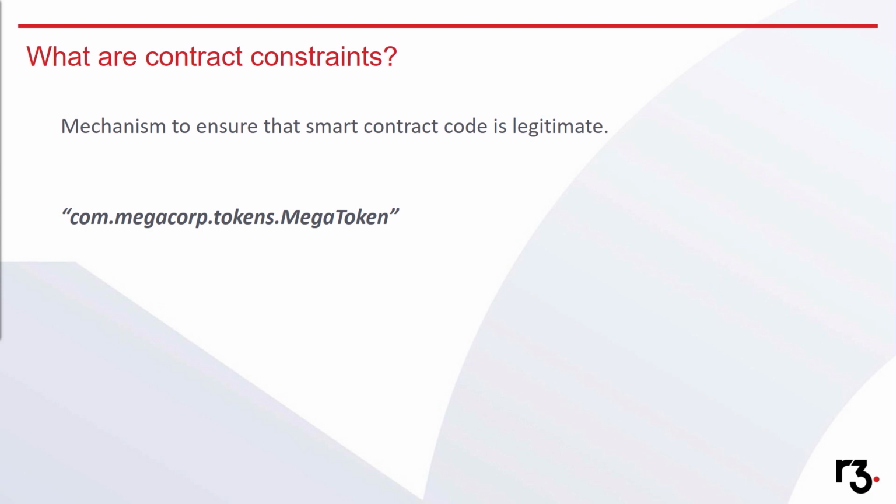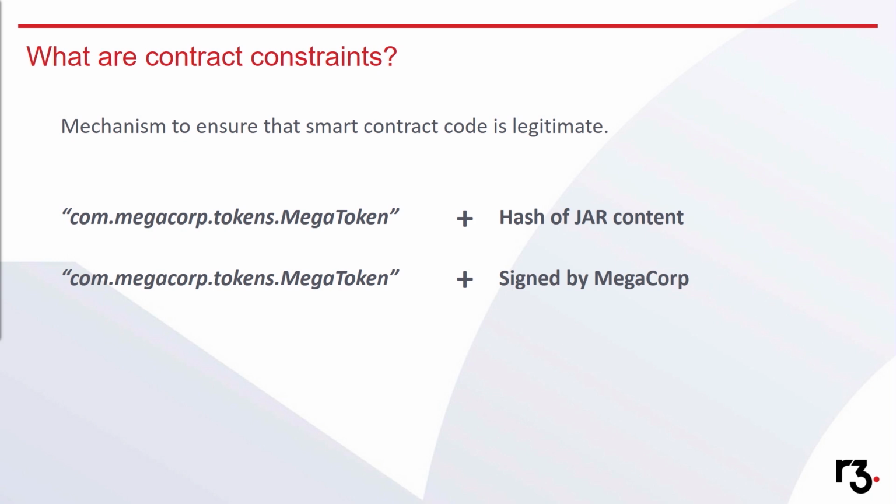So for example, one possibility is to use the hash of the jar file as the root. So you know a hash, it travels with the states. You know the hash, you know the class name. This forms the address of the smart contract. And the more flexible one is the public key of a signer.